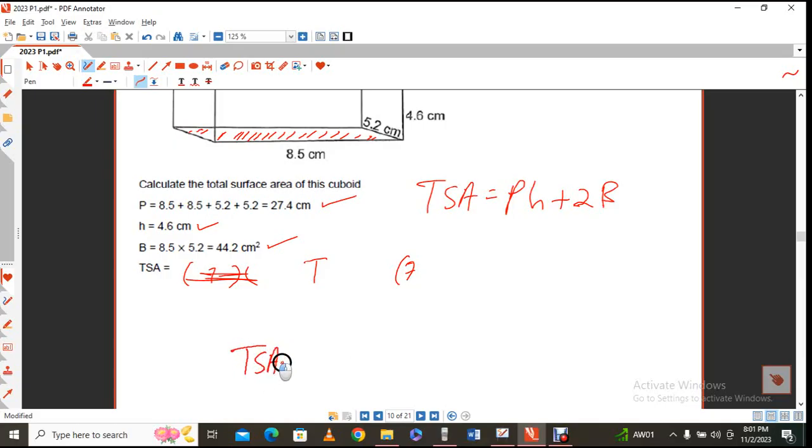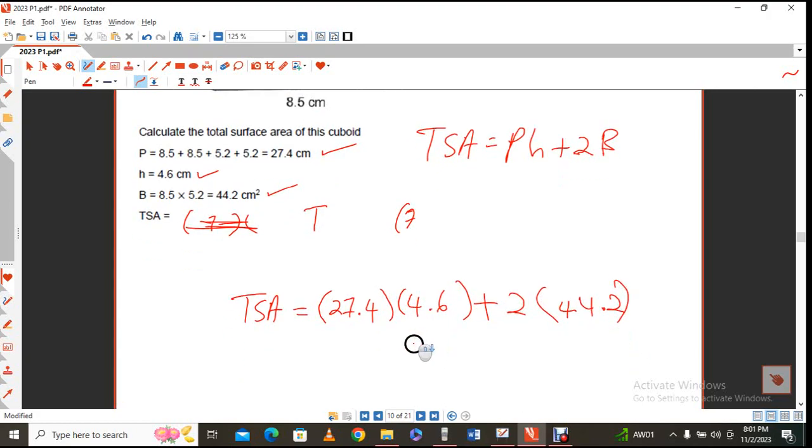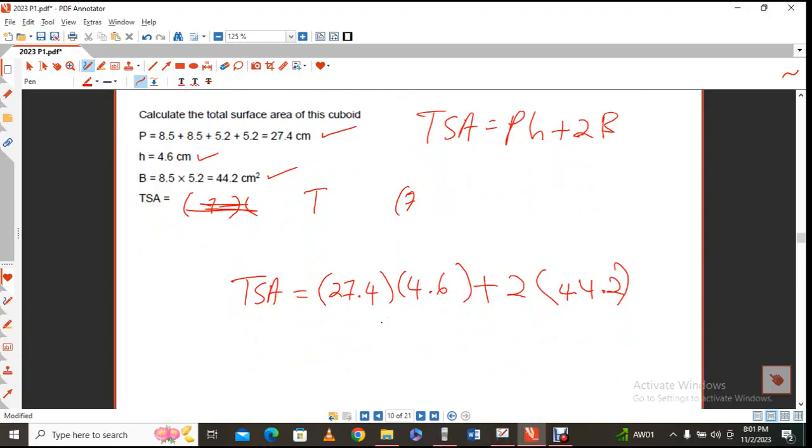Total surface area is the perimeter, which is 27.4, times the height, which is 4.6, plus 2 times the area of the base that I've calculated, or 44.2. If you punch that in, you should arrive at the same answer.